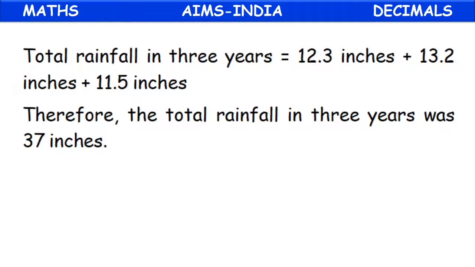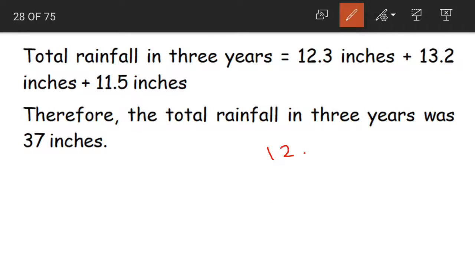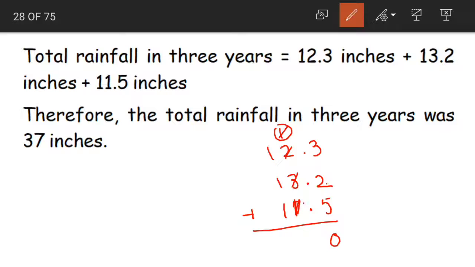Yes, let us write here and add 12.3 in the first year, 13.2 in the second year and 11.5 in the third year. When we add, 3 plus 2 is 5, 5 plus 5 is 10, 0 here, 1 carried, 1 plus 2 is 3, 3 plus 3 is 6, 6 plus 1 is 7. Putting a decimal point here, yes children.